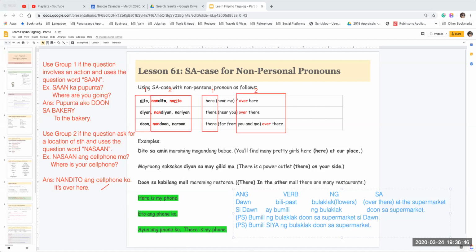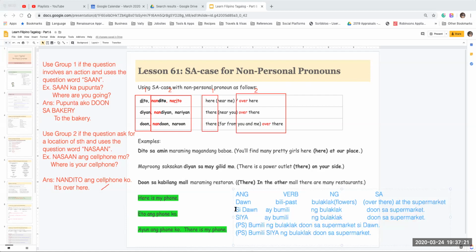Let's do it here first. We will replace Don with "siya." Bumili siya ng bulaklak doon sa supermarket. It's the same focus, out of focus, and "sa" phrase, which didn't change. Because it's a pronoun, it has to come right after the verb. That is the difference here.